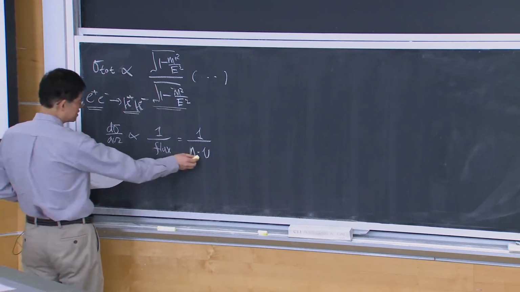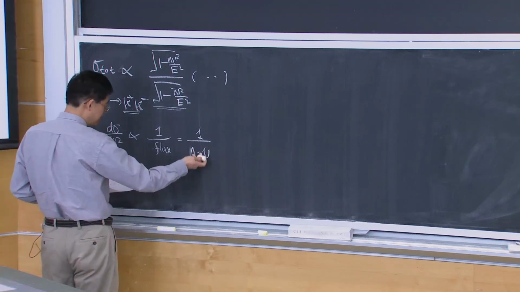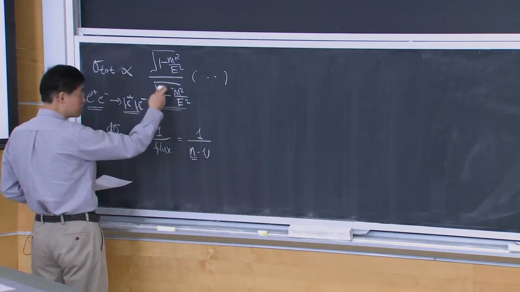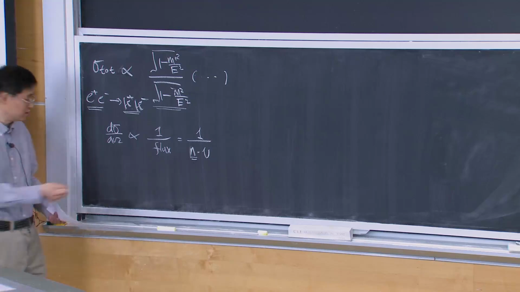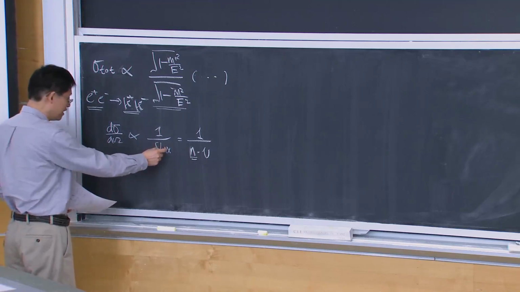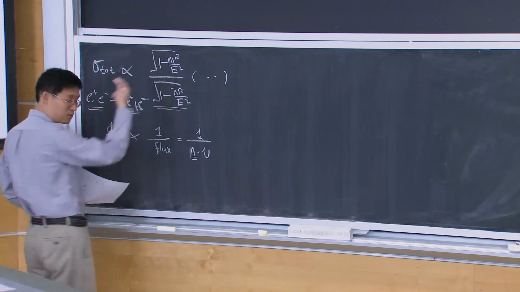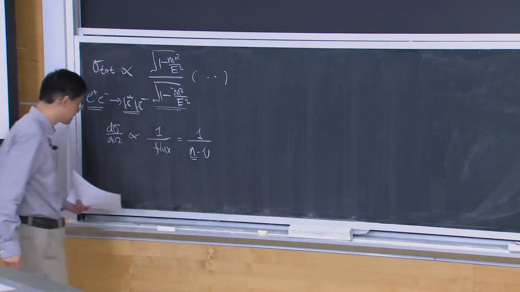The density is the same, just one particle per volume, and then the velocity goes to 0. When the velocity becomes very, very slow, your flux becomes very small, and then the cross section becomes big. So mathematically, that's the reason why this becomes very big when the velocity goes to 0.